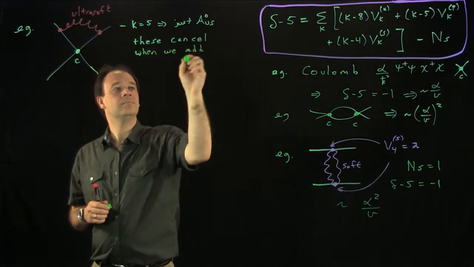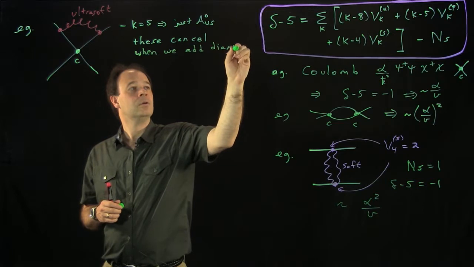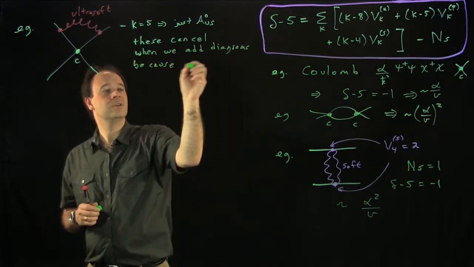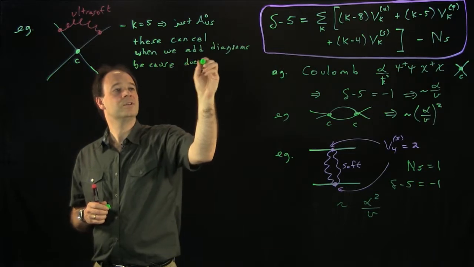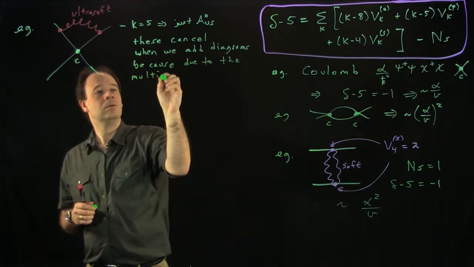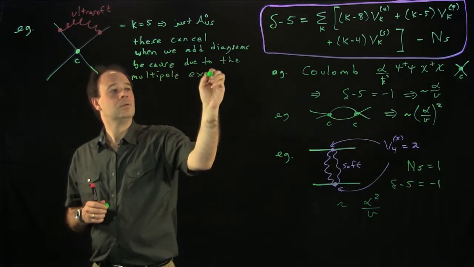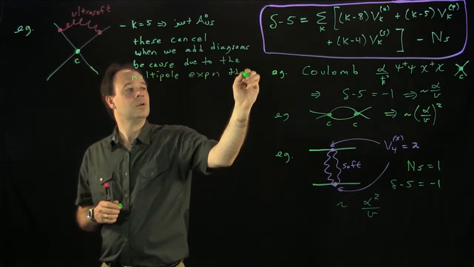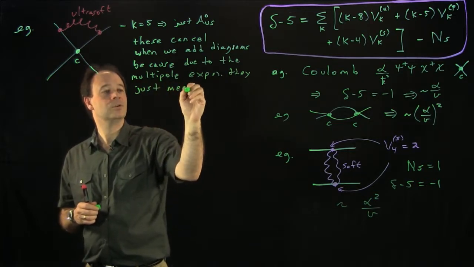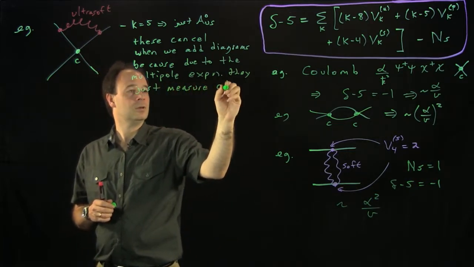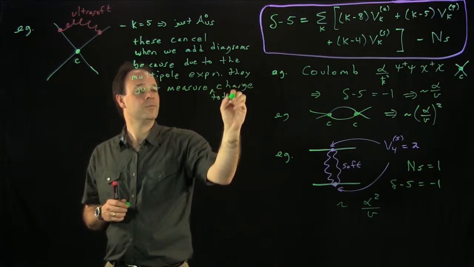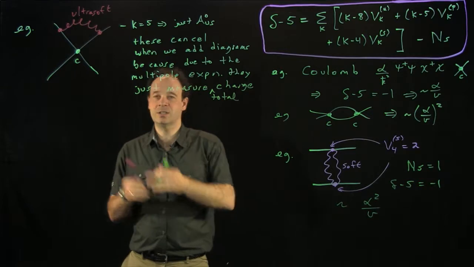So let me write that. The reason that they cancel is because, due to the multipole expansion, they just measure the total charge of the system. And the total charge of the QQ bar system is 0.